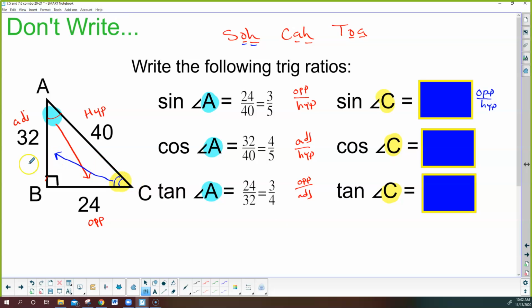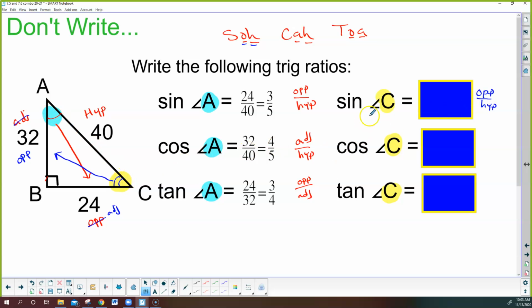If I do angle C, the 32, the blue side, is now opposite. The hypotenuse is always going to remain the hypotenuse, but the opposite turned into the adjacent. So see how those switch when you're changing your reference angle?